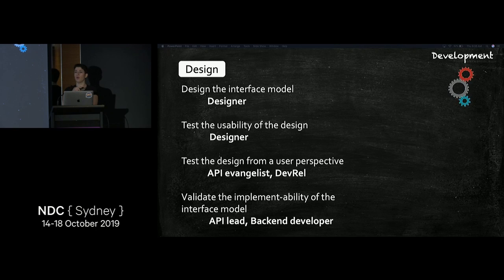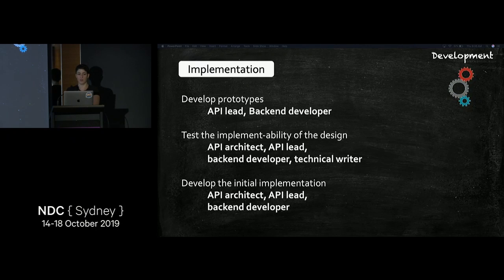Then we need some technical people. And for usability, here in the design, we need to make sure customers would like this design or not, so test it. That's why we need people who are more into discovery, like evangelists and dev relations, because they go to so many places and they have a lot of knowledge about this. They are a big help on this.